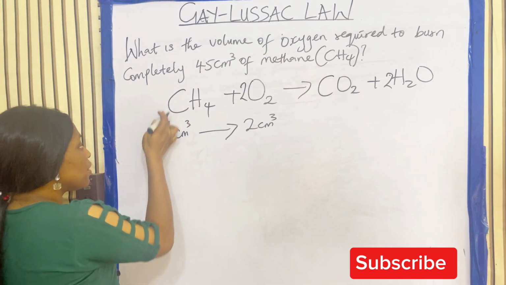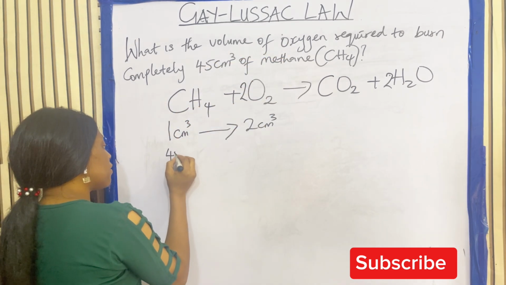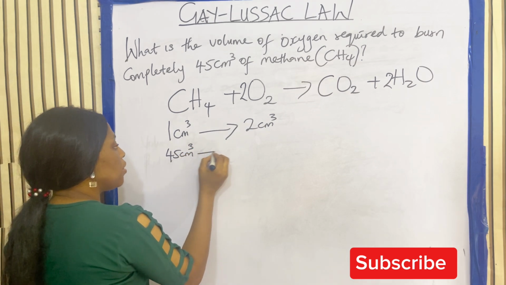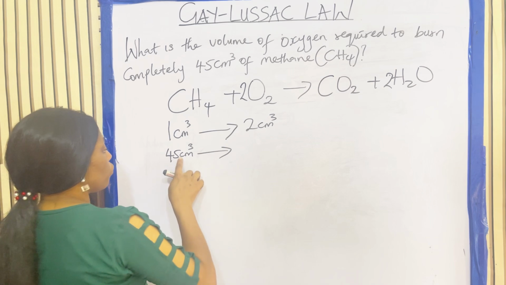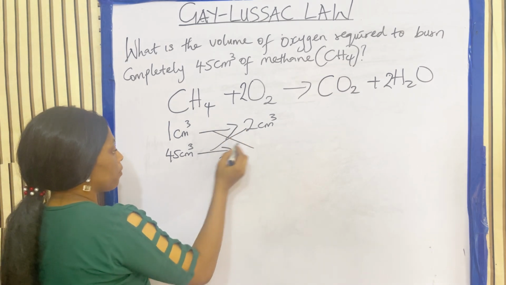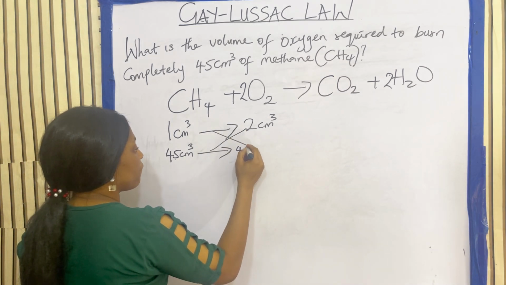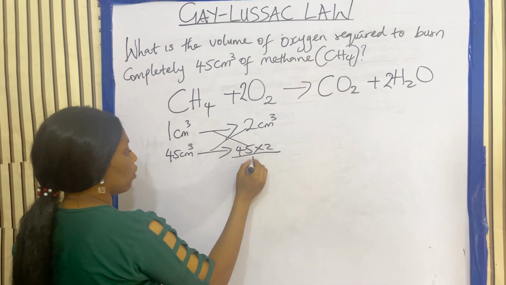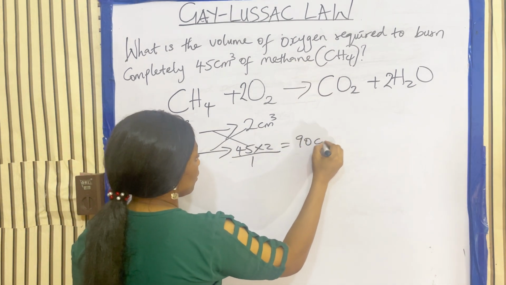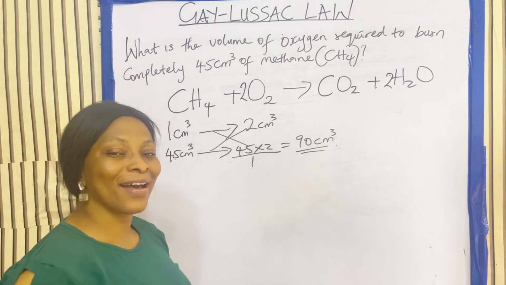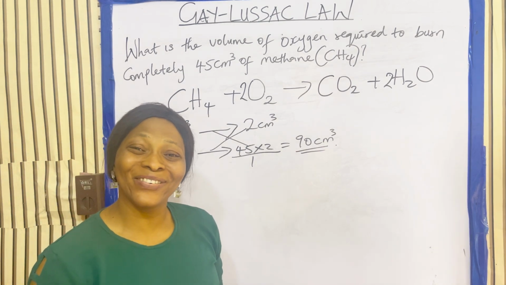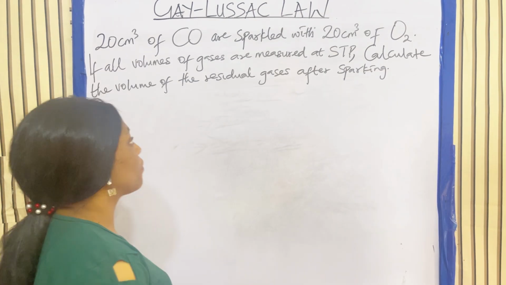So you're going to come to methane and write 45 cm³. How many will it require? So you are going to cross multiply. You say 45 times 2 divided by 1, and that will give us 90 cm³ of oxygen required. Isn't that simple?